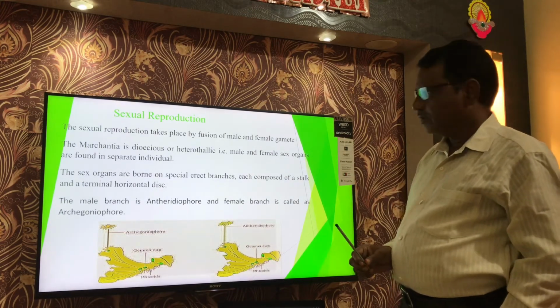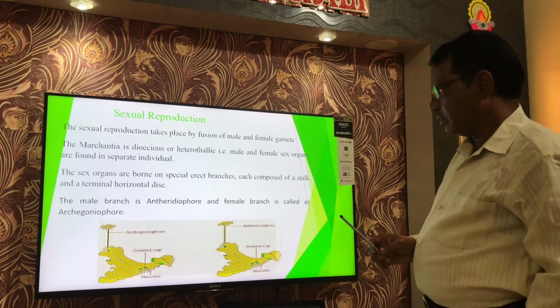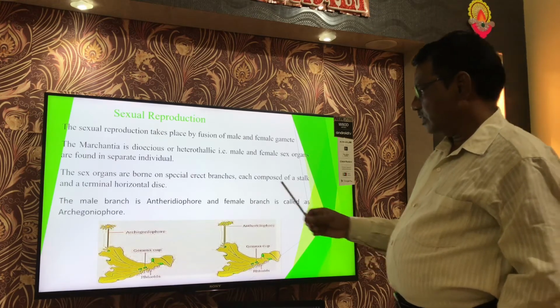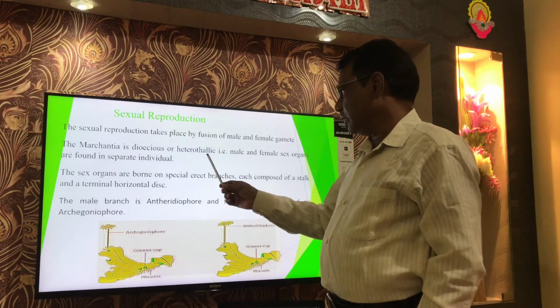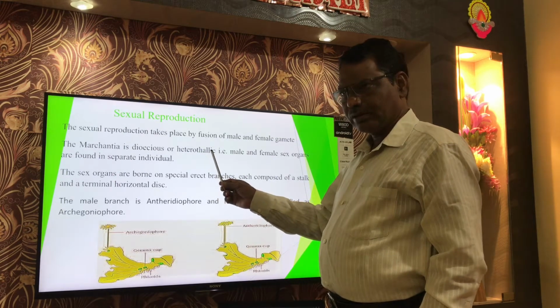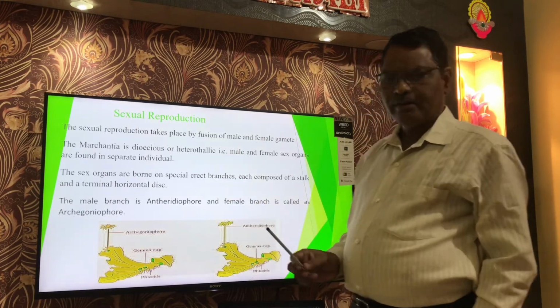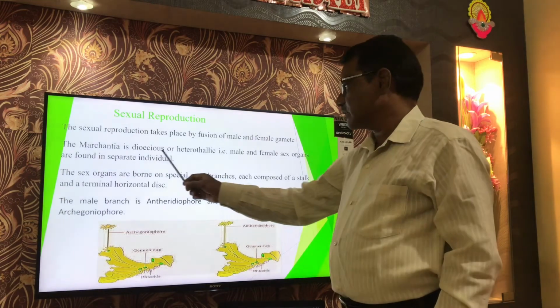That means the male and female sex organs are produced on separate thalli. Therefore, it is called heterothallic. Hetero means different, thallic means different thalli produce male and female sex organs, and therefore it is called dioecious or heterothallic.